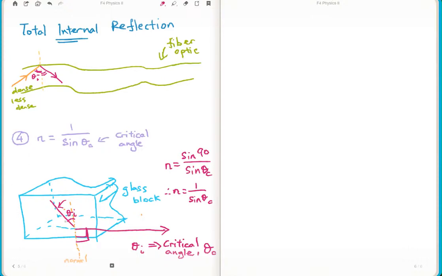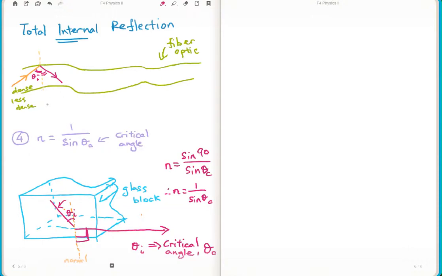When you reach 42 degrees, then the exit ray will be at 90 degrees. So when your angle is 45, what happens? Then you will be reflected, bounced back. At the critical angle it's 90 degrees, but when it's more than 42, let's say 45, then it will be reflected internally. That's why it's total internal reflection, which you have in fiber optics.